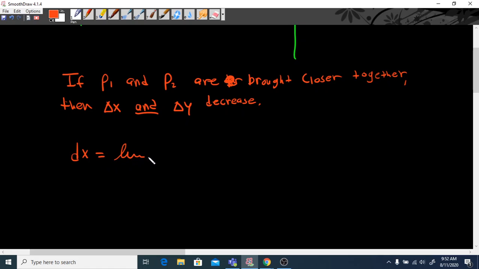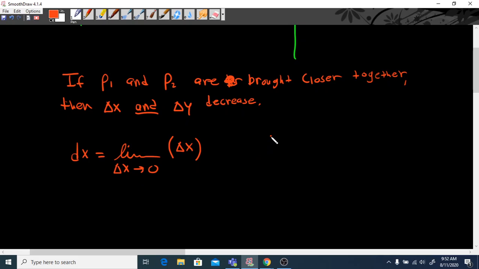The limit as delta x approaches 0 of delta x. Okay? This just means that the distance, the x distance between the 2 points, is getting smaller and smaller forever without actually touching 0.